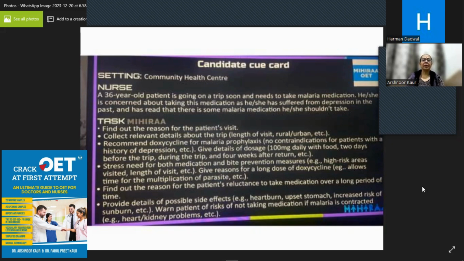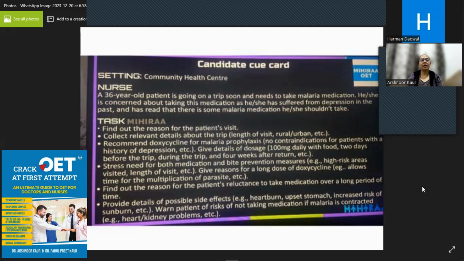It may be that he took this medicine in the past and is not taking it now, but he feels that it may have some reactions with the malaria medication. We have already covered the rural, urban area. Now it's your turn.